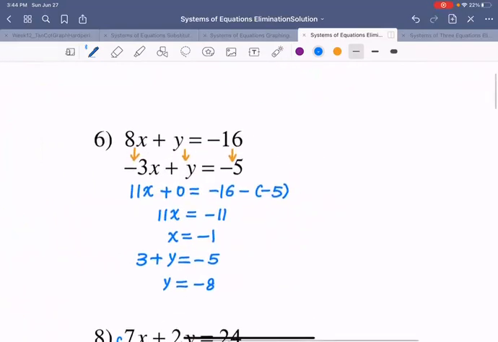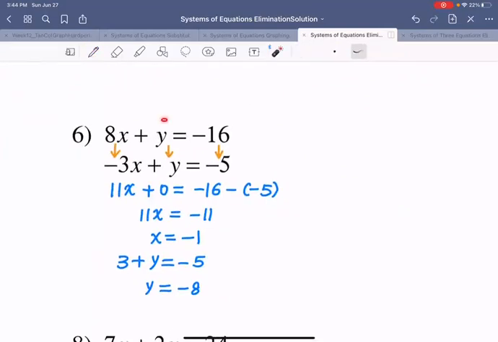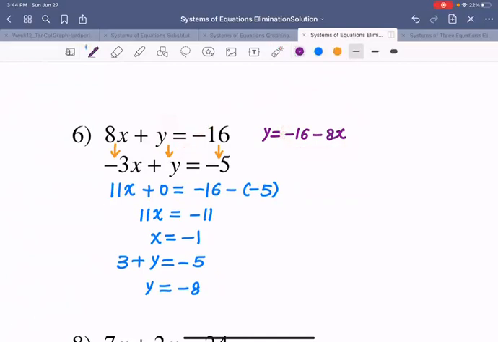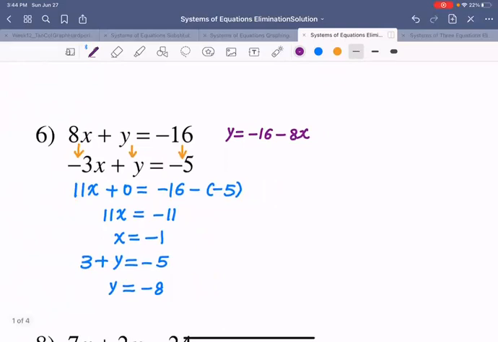Now I want you to try with the substitution method. Go ahead. You make y equals? Y equals negative 16 minus 8x. Very good. And then you plug this guy into here. Go ahead. Negative 3x minus 16 minus 8x equals negative 5.